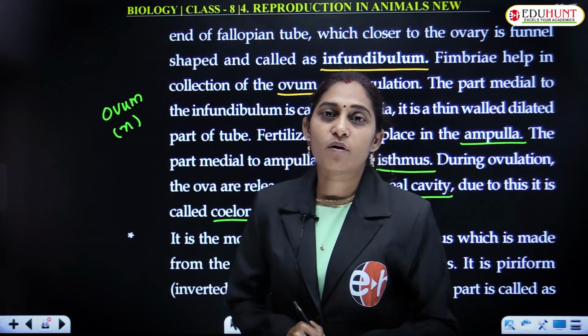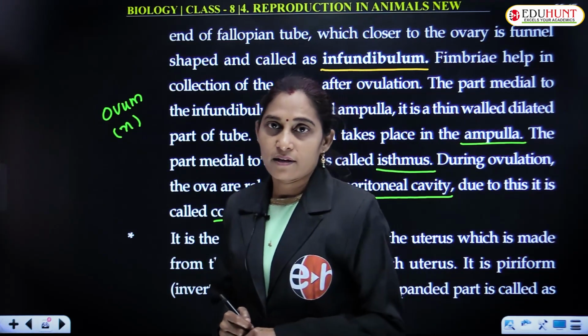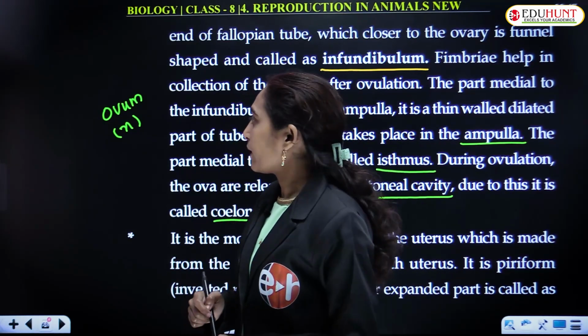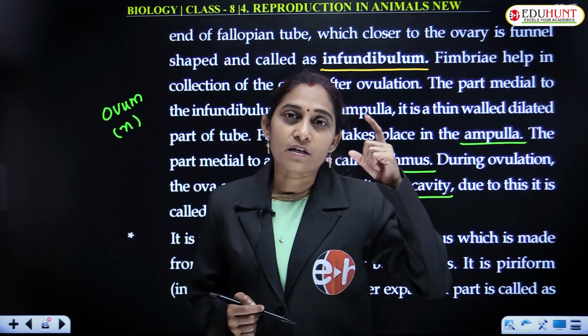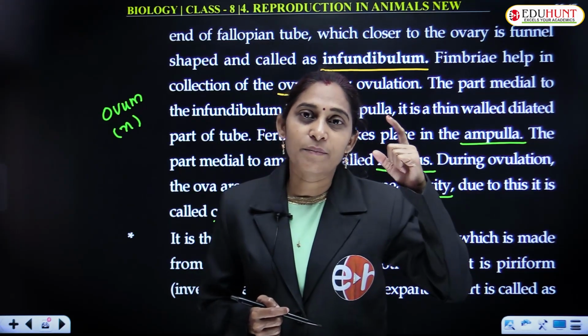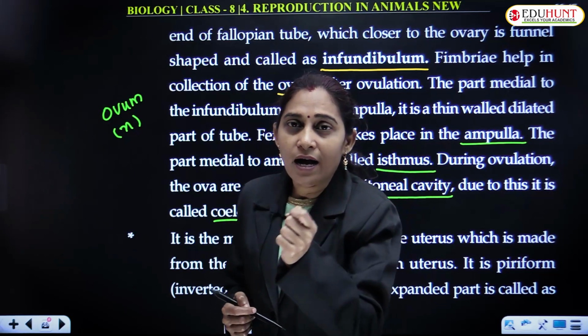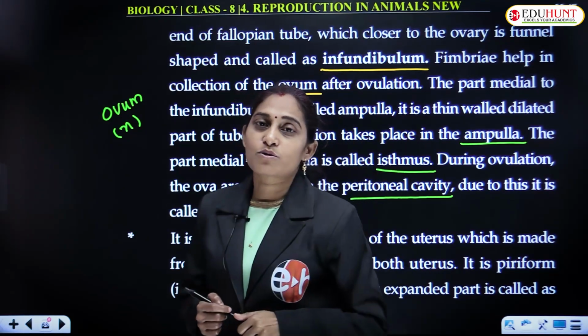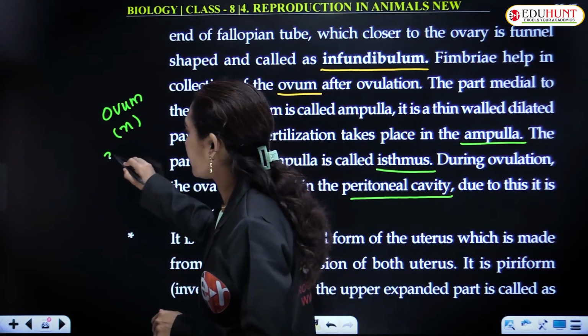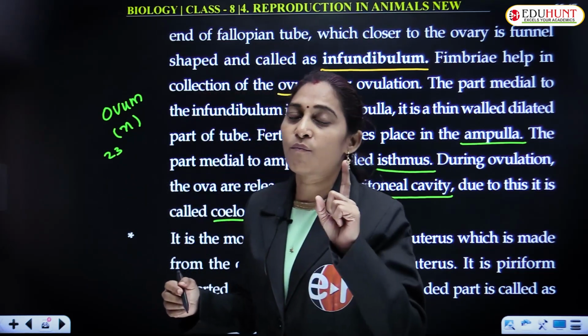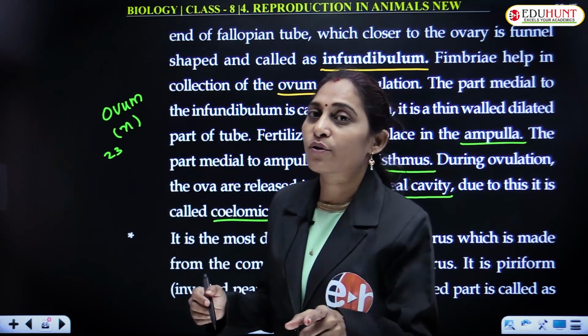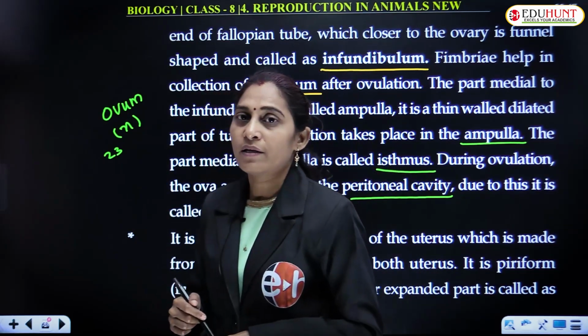They carry only a single set of chromosomes. Why only a single set? Because the other gamete, the male gamete, the sperm, carries the other 23 chromosomes. Out of 23 pairs, this ovum carries only one set of 23 chromosomes.